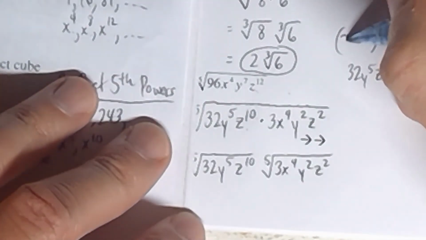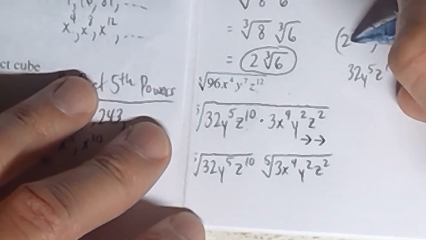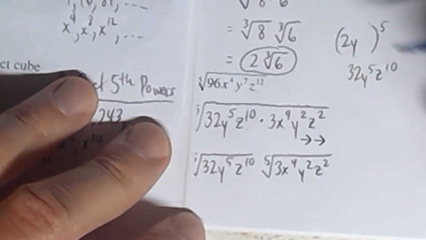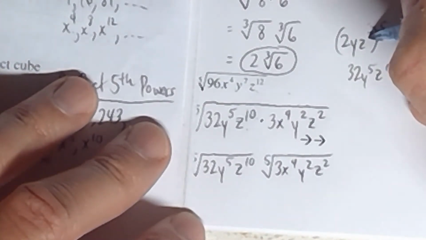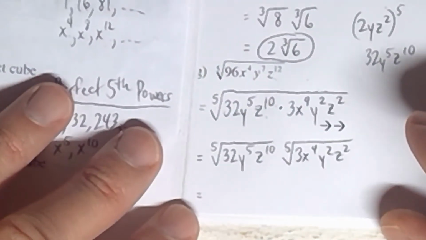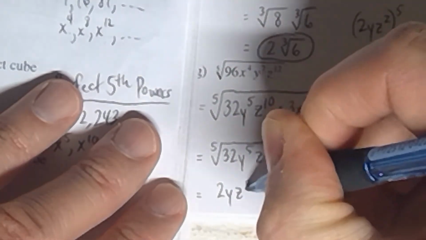Wouldn't that be 2 to the fifth gives you 32? And wouldn't y to the first give you y to the fifth, 1 times 5 on the exponents? And wouldn't z to the second, 2 times 5 is 10, give you z to the 10th? And so that means that the fifth root is 2y z to the second.